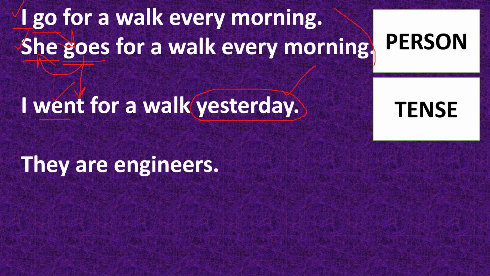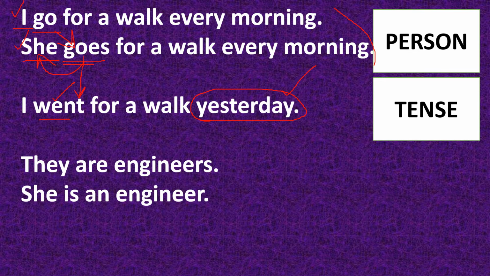They are engineers. She is an engineer. In the first sentence, the verb is are. In the second sentence, the verb is is. This is called the plural be form verb, and this is called the singular be form verb. We have written the plural be form verb because there is a plural subject.